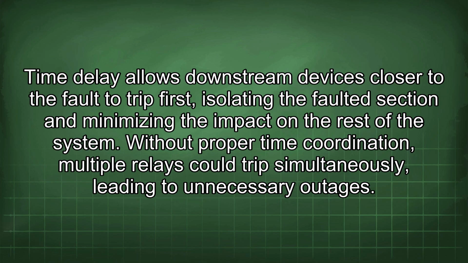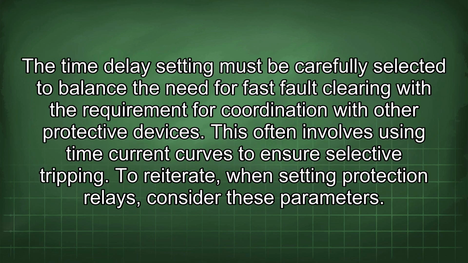Without proper time coordination, multiple relays could trip simultaneously, leading to unnecessary outages. The time delay setting must be carefully selected to balance the need for fast fault clearing with the requirement for coordination with other protective devices. This often involves using time current curves to ensure selective tripping.